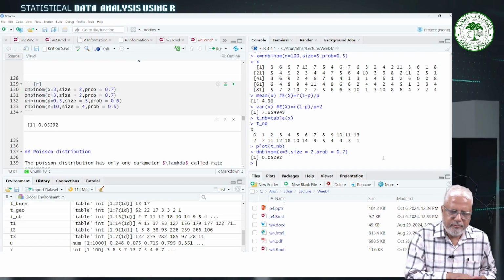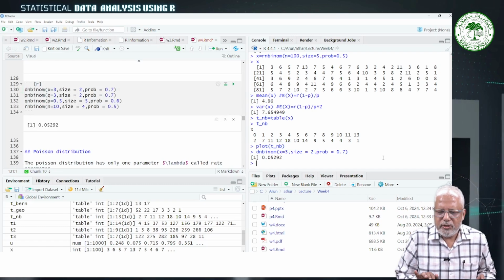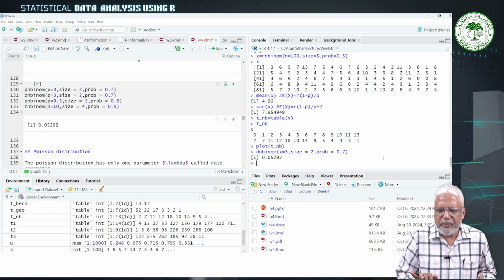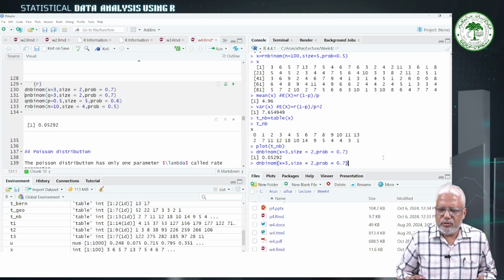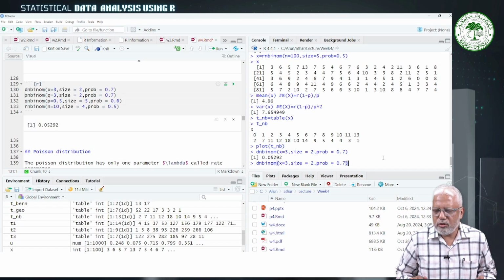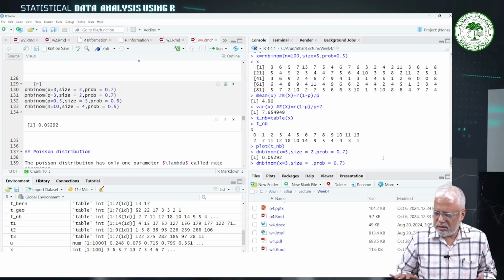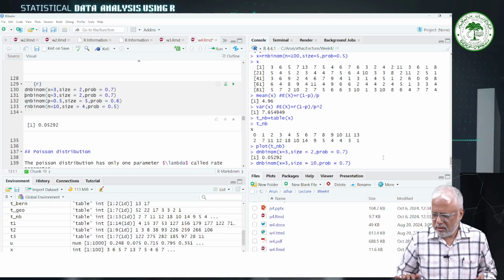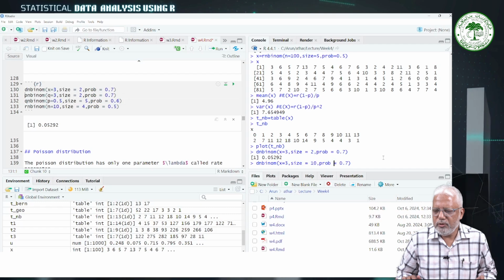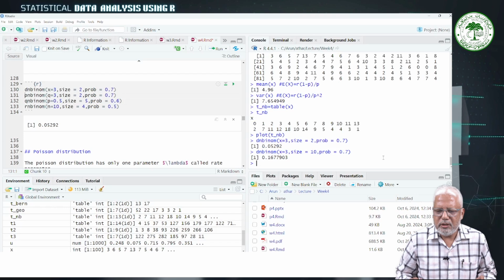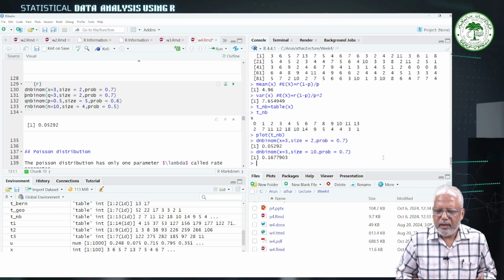But if we change the parameters, suppose x is equal to 3 but we increase the size to 10 and keep the probability the same, see, it increases.